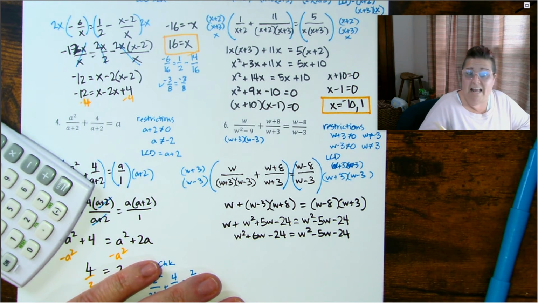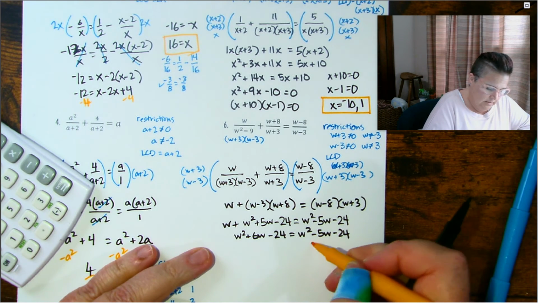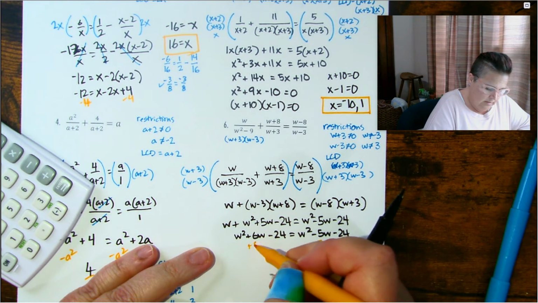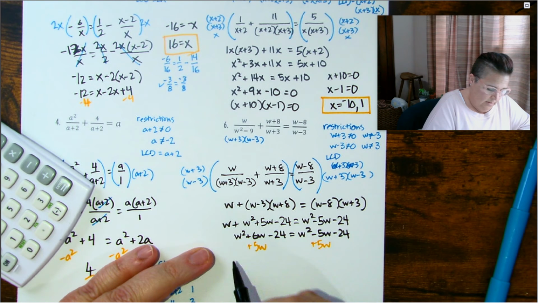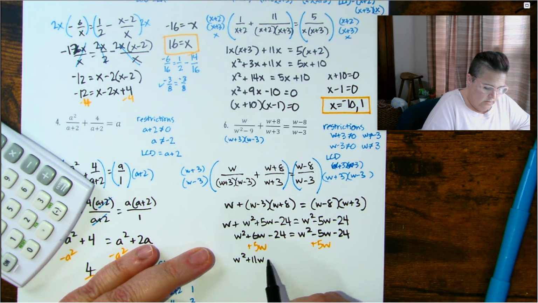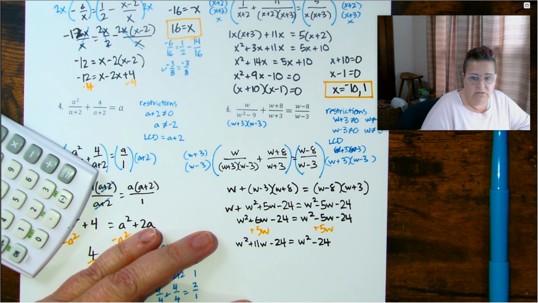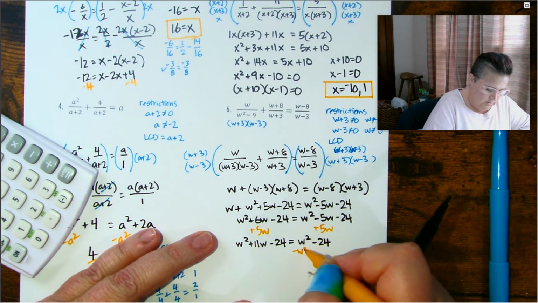I am going to get everything to one side, so we're going to add 5w to both sides. This is going to give us w squared plus 10w minus 24 is equal to w squared minus 24. Oh, I'm going to subtract w squared. I don't know why I didn't do that first.